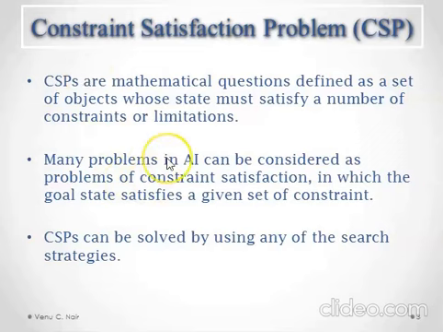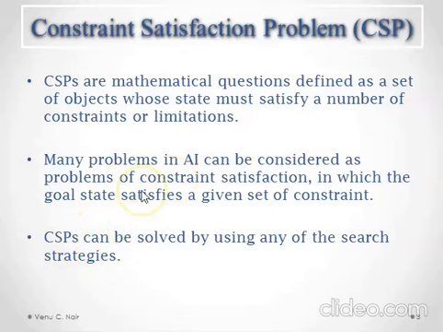Many problems in AI can be considered as problems of constraint satisfaction. When we go for the goal state, it should satisfy the number of conditions or constraints associated with it.